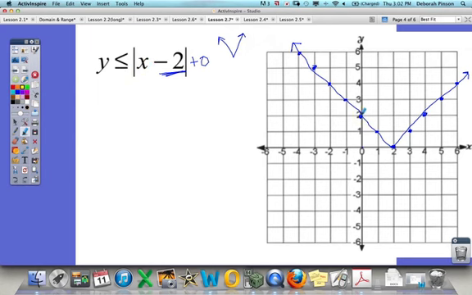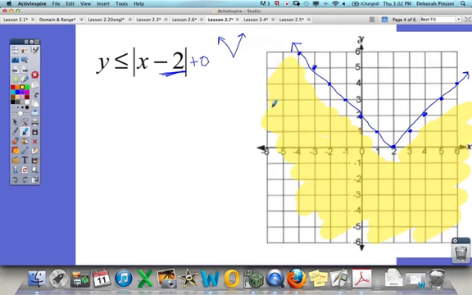So again, I'm going to look at my y-intercept and I'm going to shade where it's less than, which would be down here. Now on these, get it shaded where it's very obvious to me where your answer is. I know that it may be hard to get every bit of it shaded in, but do your best.